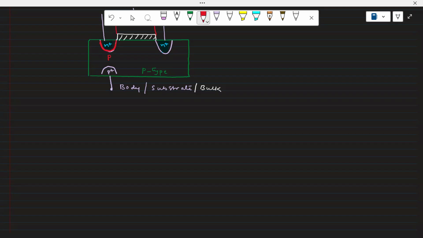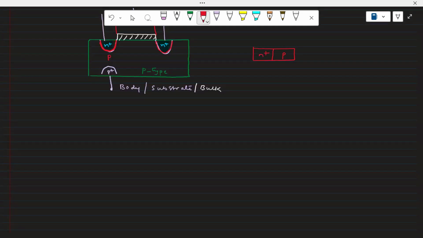Okay, something like this. This is n plus, this is p. Okay, forget about what is the doping concentration at this moment of time. Just like a p-n junction diode. This side as well as this side you can observe, right? On both sides there is a possibility of p-n junction forming.